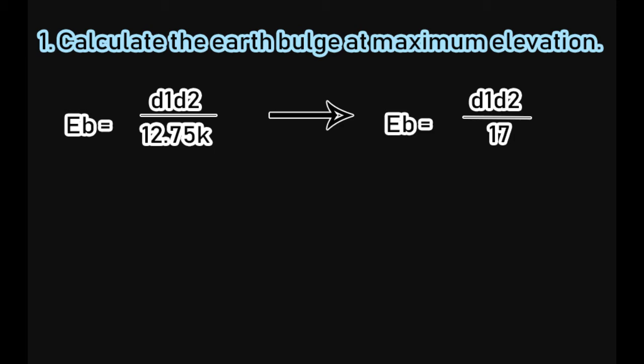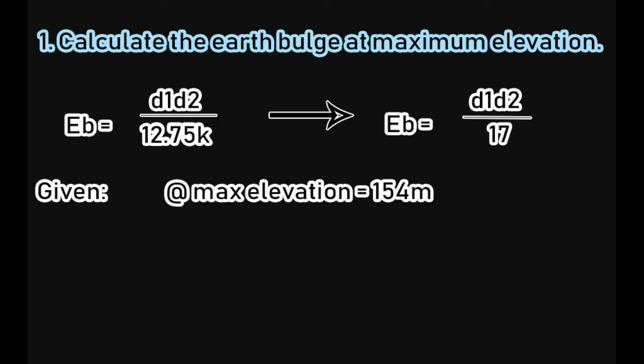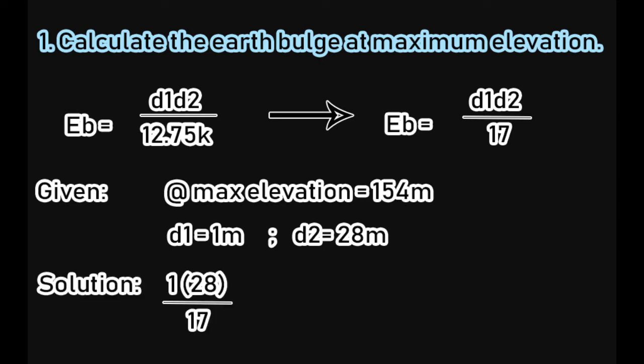After knowing what formula we'll be using, we need to jot down all the given values such as the distances. We need to know the distances from the maximum elevation, which is 154 meters as shown earlier. We'll have 1 and 28 kilometers for distance 1 and distance 2 respectively. Just substitute the values to the formula to get the earth bulge.